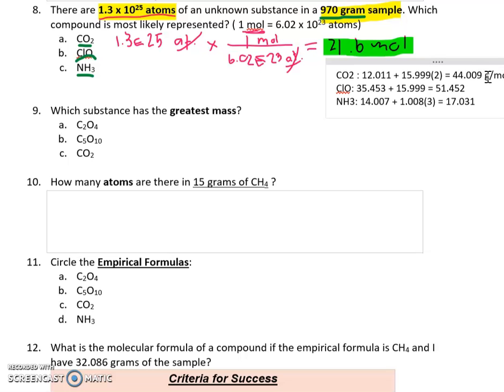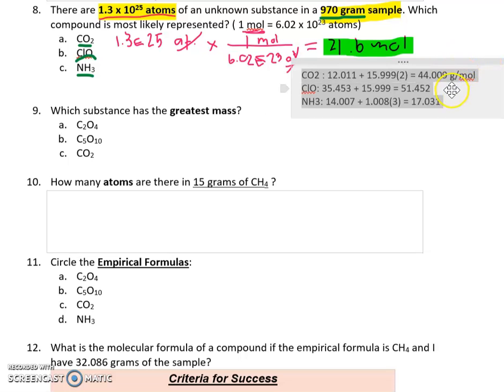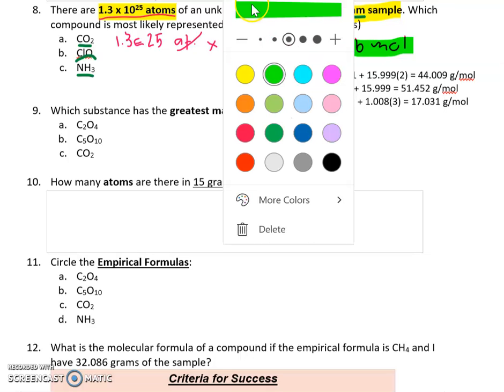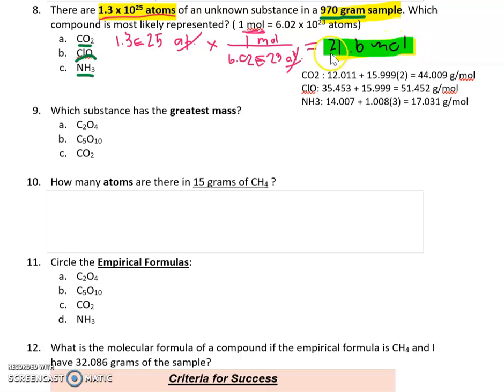These are grams per mole. Grams per mole and grams per mole. I know, one more time, that the moles that we found within this problem were 21.6 moles. And I have the molar mass of each one of these compounds that they give me.